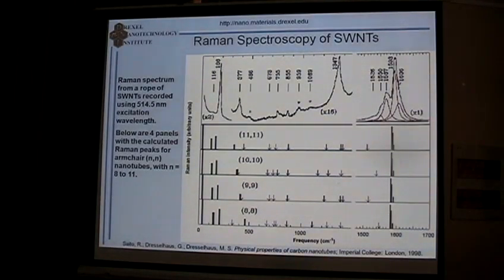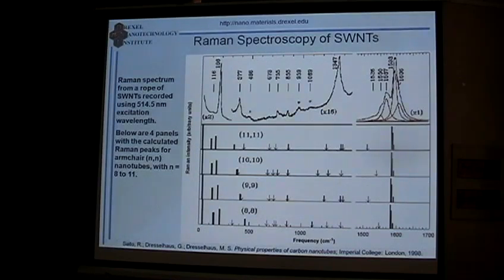And the question I can ask you here, if you can calculate exactly Raman spectra for different kinds of nanotubes, can you simply use Raman spectroscopy like that to determine exactly the indices of carbon nanotubes? Ideally, it would be possible. In practice, it is impossible. And the reason is very simple.